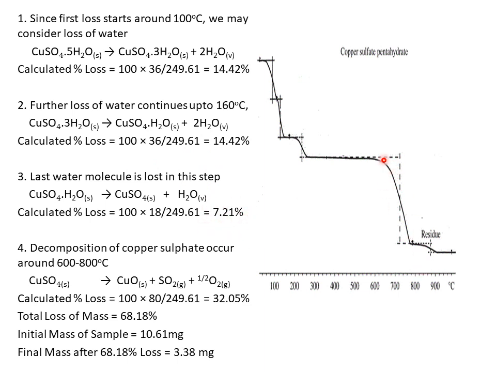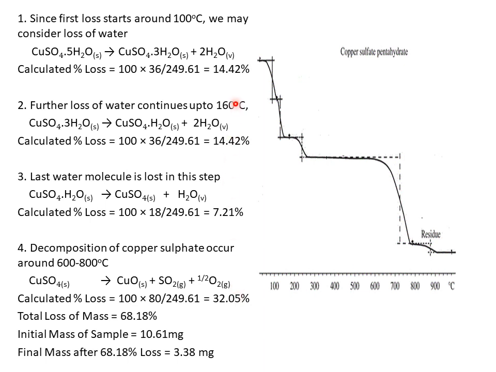And then in this final depression, which occurred around 600 to 800 degrees centigrade, there happened the decomposition of this copper sulfate into copper oxide, sulfur dioxide and oxygen, and these 2 gases are removed from there. So their molecular mass, which is 80, divided by the total mass gives this percentage loss.